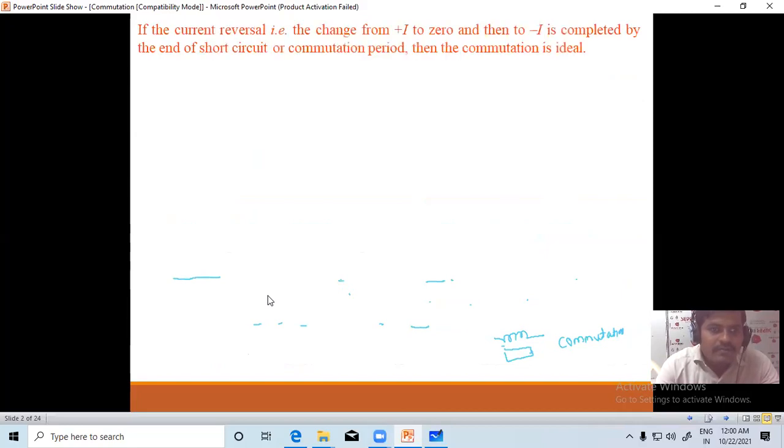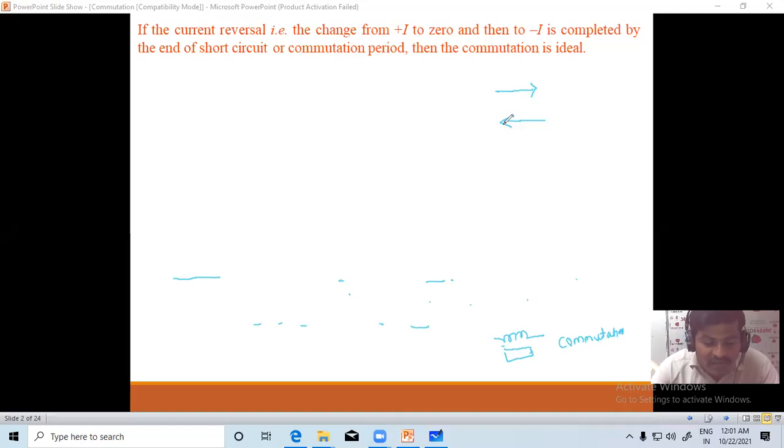Okay, now see, if the current reversal, that is the change of current, it will change from positive to negative, or it will change its direction. As I have told, the direction change करतं त्याची. That means suppose the current is positive or flowing in the forward direction, it will change its direction after the commutation process, that is, to the opposite direction.